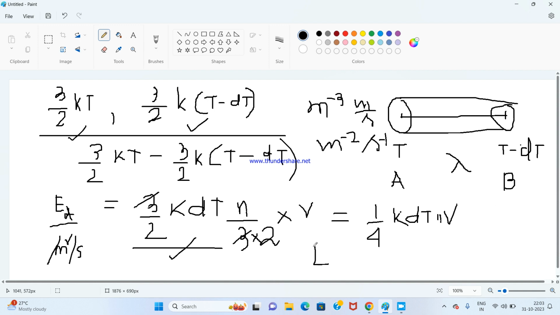So if you write the same equation in the opposite way, the energy of the electrons that are moving from B end to A per cross section per unit time is minus 1 by 4, simply a minus sign will come. So that is minus 1 by 4 k dt into n into V. Okay.